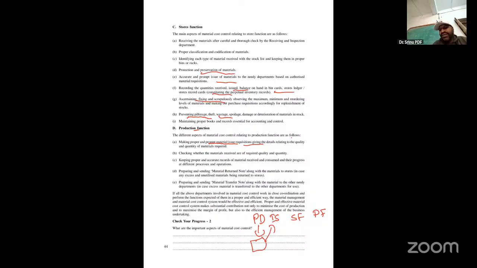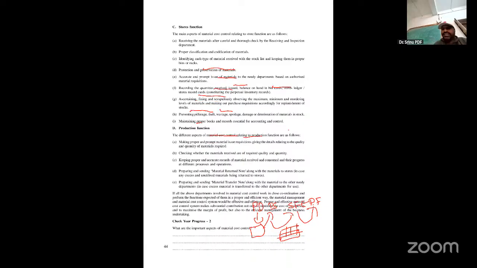After inspection, the stores function arranges it in the racks and stores it there. Whenever the production function orders the required material from the stores function, the material is issued. So this is the process of material.